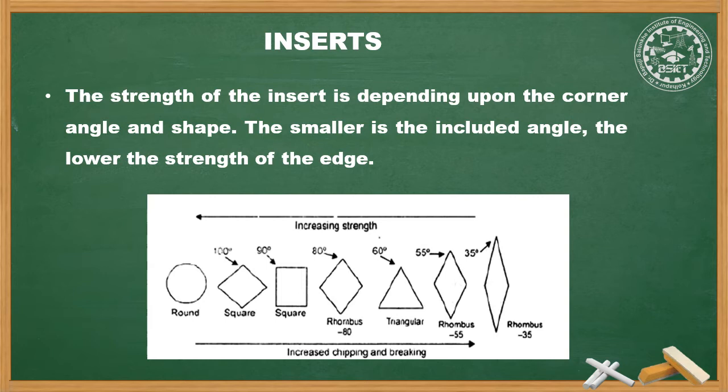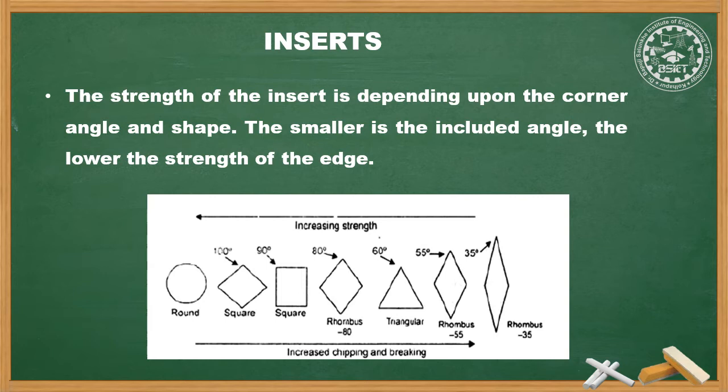We can see that for the round insert, the strength is very high, whereas chip breaking is very low. And for the rhombus 35, the strength is low, whereas chipping and breaking is very high.